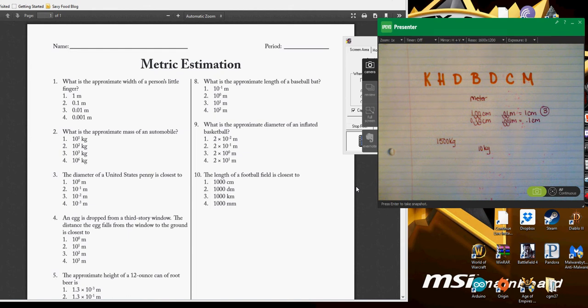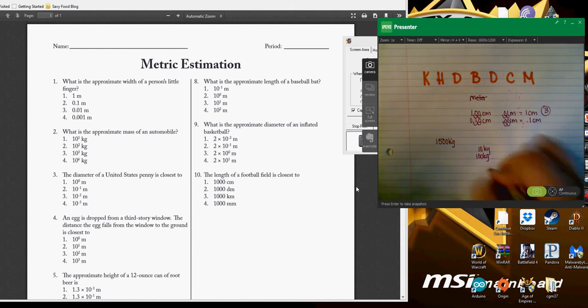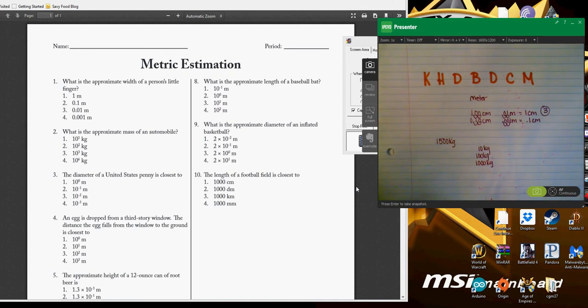If I have 10 to the power of 2, we have 100 kilograms. 10 to the power of 3, we're going to have 1,000 kilograms. And 10 to the power of 4, we're going to have 10,000 kilograms, which is exponentially large. So based on this, we know that the closest to the average is 1,500 kilograms.